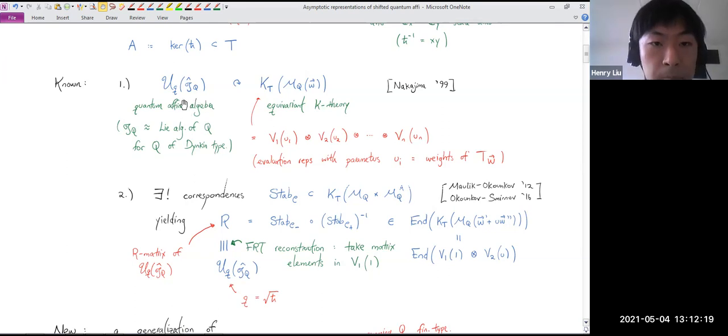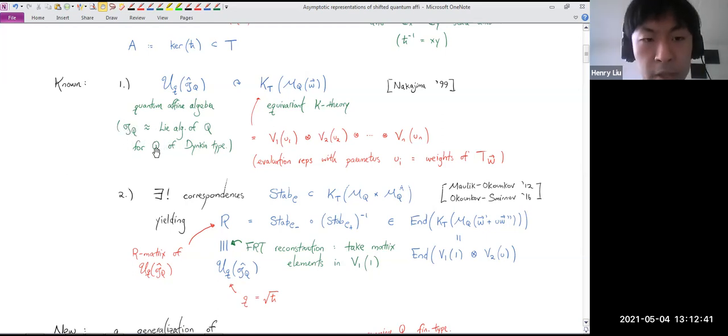And so what's this quantum affine algebra? It turns out that if you fix a quiver, there's some Lie algebra which can be associated to it. If your quiver is some Dynkin diagram, this is exactly the Lie algebra associated to that Dynkin diagram, but this is a more general construction than that.